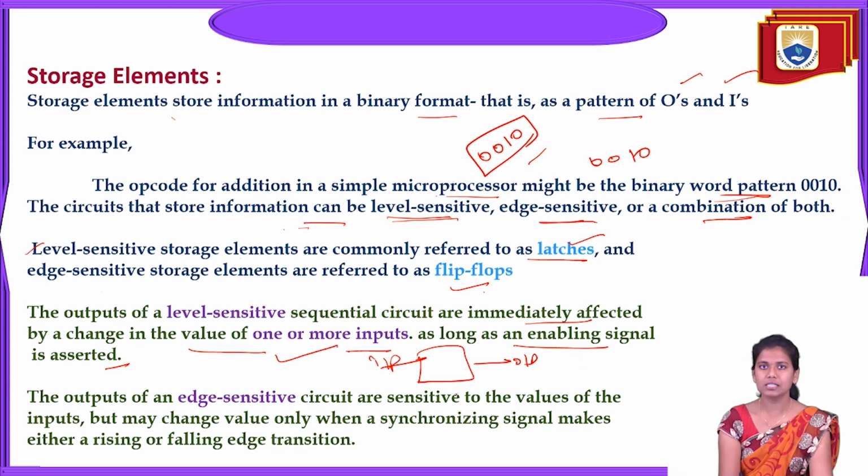So this is nothing but level sensitive behavior: we see abrupt changes in the output with respect to abrupt changes in the input. Whenever you see a sudden change in the output, it means there is an immediate change in the input values. This we observe in level sensitive storage elements.